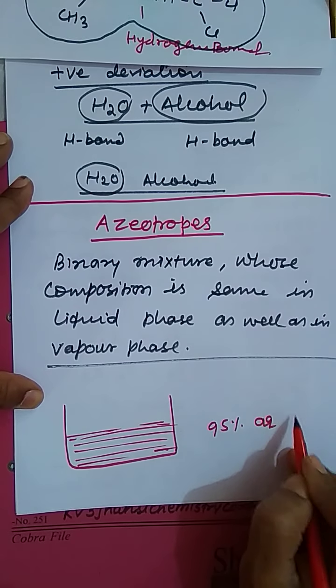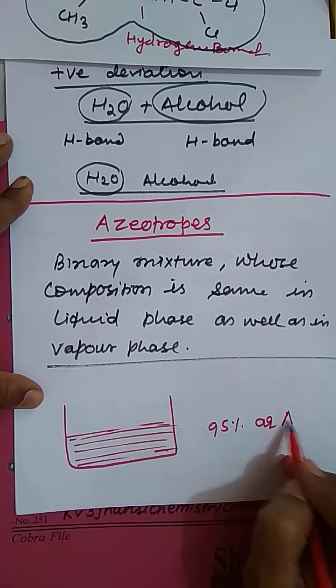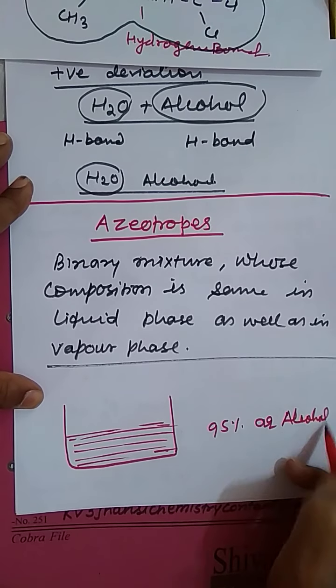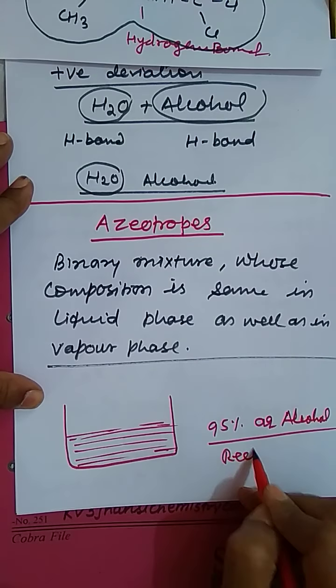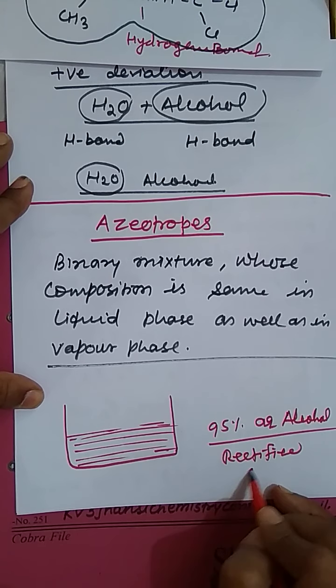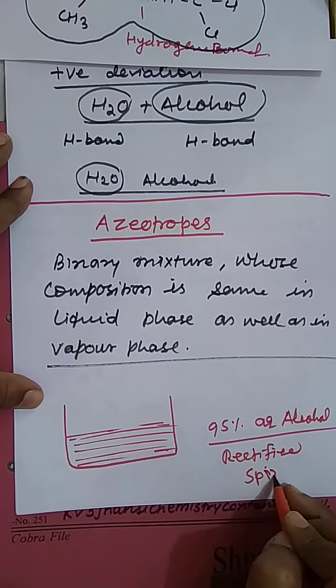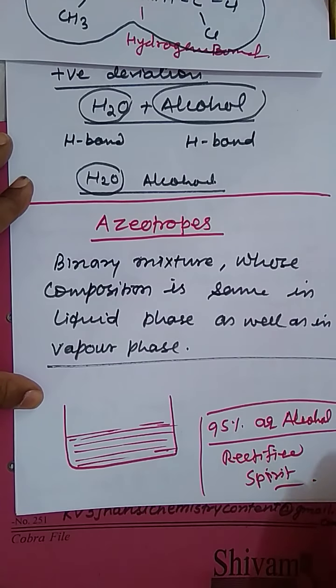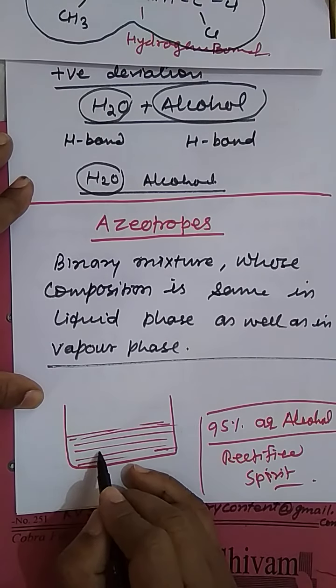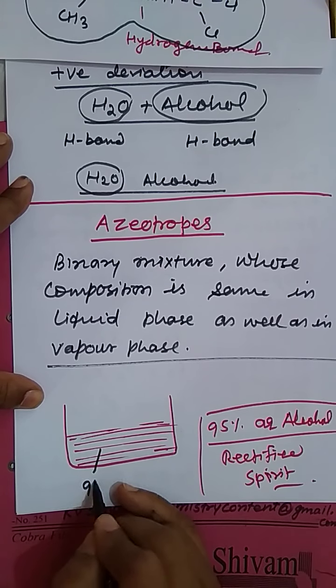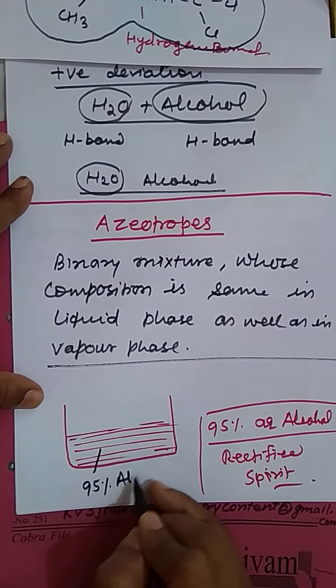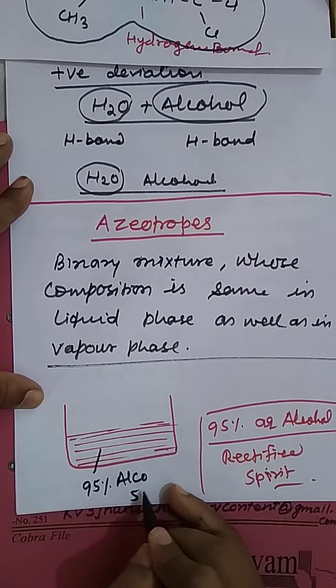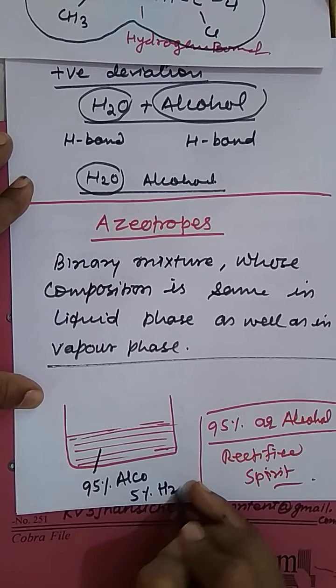95% aqueous alcohol. This is also called rectified spirit. And it is an azeotrope. Actually, its composition in liquid phase is 95% alcohol and 5% water.